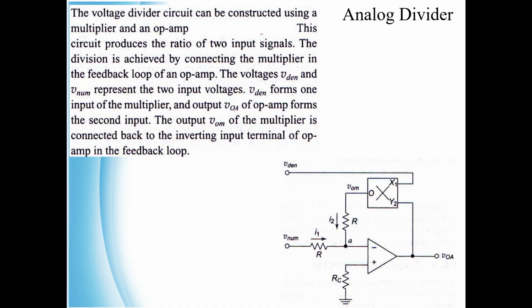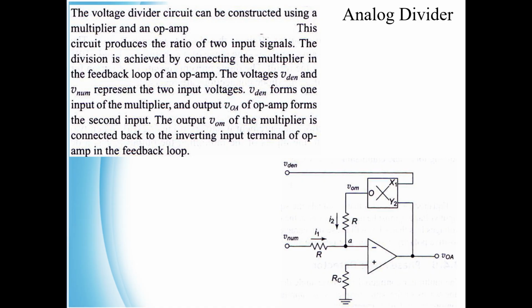The division is achieved by connecting the multiplier in the feedback loop of an operational amplifier. The voltages Vden, that is the denominator voltage, and Vnum, that is the numerator voltage, represent the two input voltages.